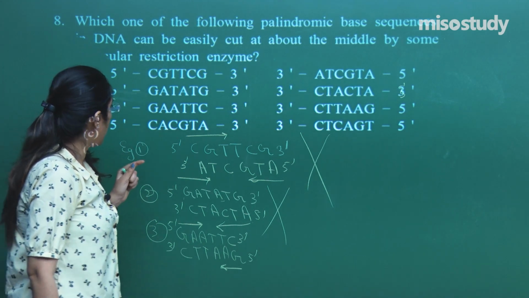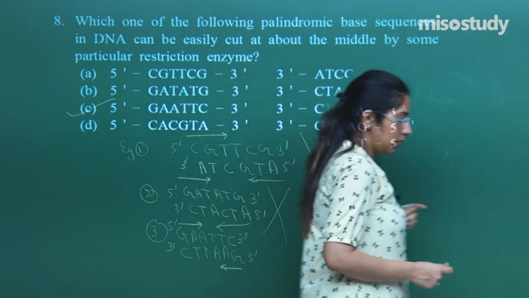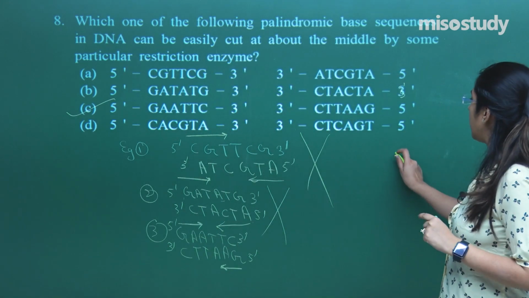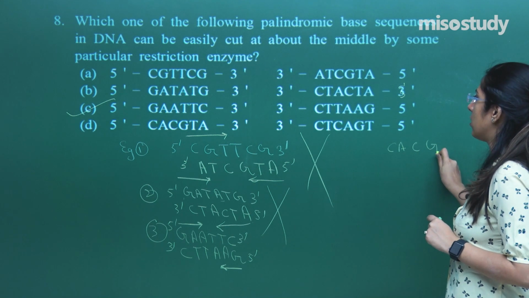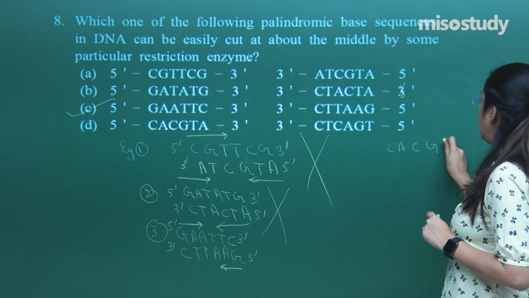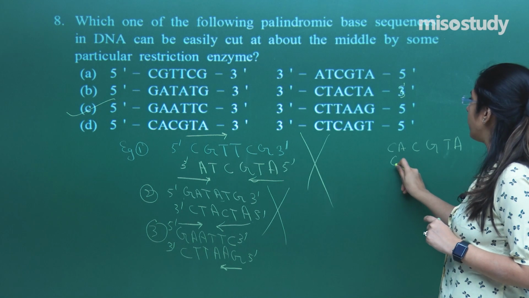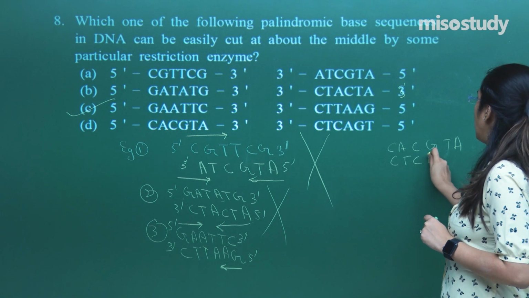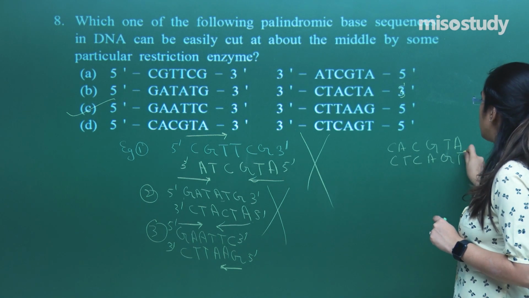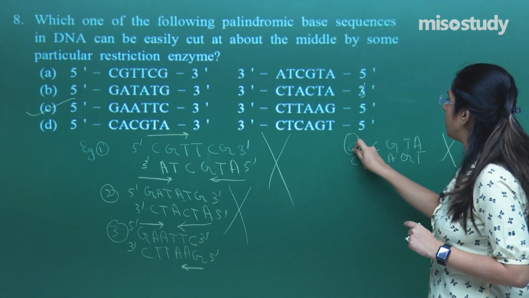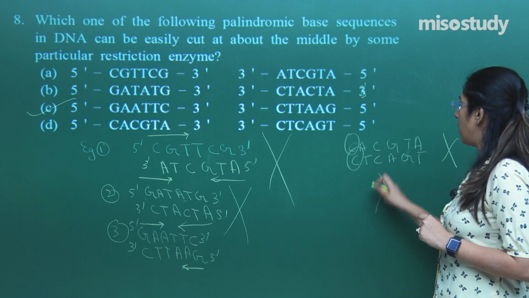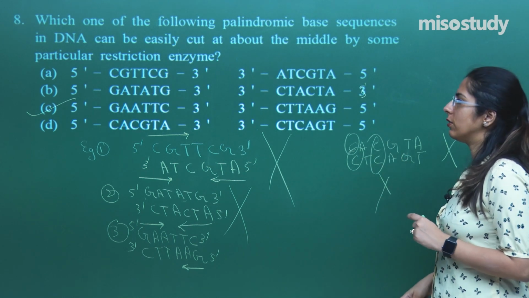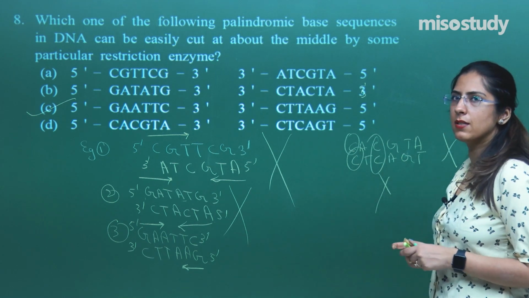Even let's look at the fourth option, which has CACGTA, and below we have CTCAGT. This is also a wrong option because they are making C complementary to C, which is wrong, and here also. So this is a wrong option. So the correct option is C.